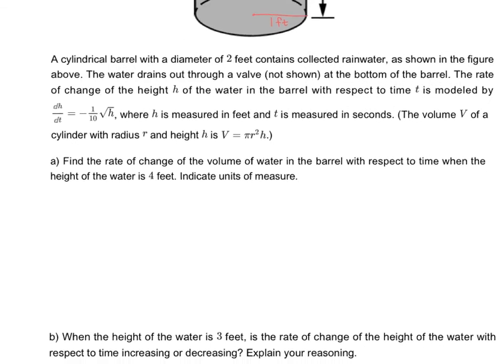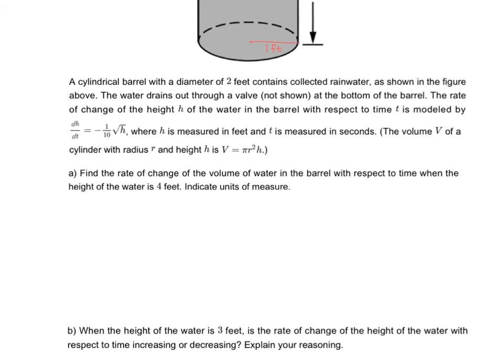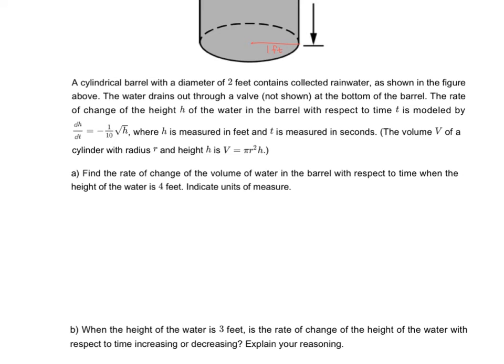So this is like a related rate question. We want to find dV/dt, the rate of change of the volume with respect to time. We'll start out with our volume equation.